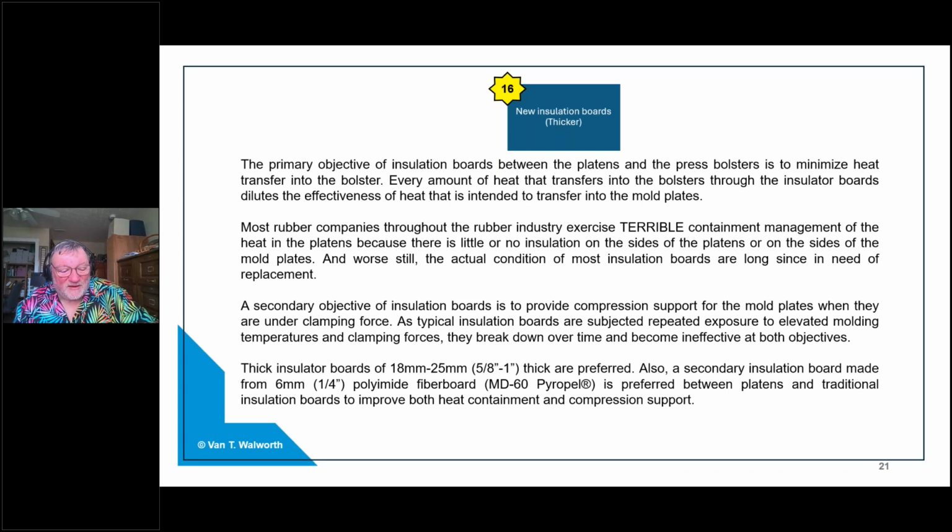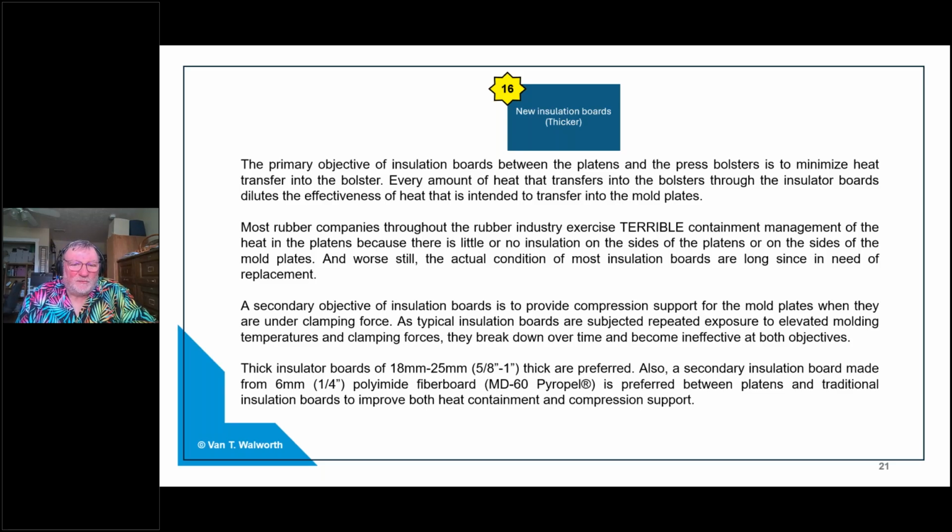I've had many examples where people would not even realize they had a problem, and they would go ahead and replace the insulation board and find out that all kinds of problems were improved. Quality was improved, flash thickness was improved, meaning less or more consistent. Tear trims came off easier. There's lots of stuff that they didn't actually realize was related to dysfunctional, compromised insulation boards.